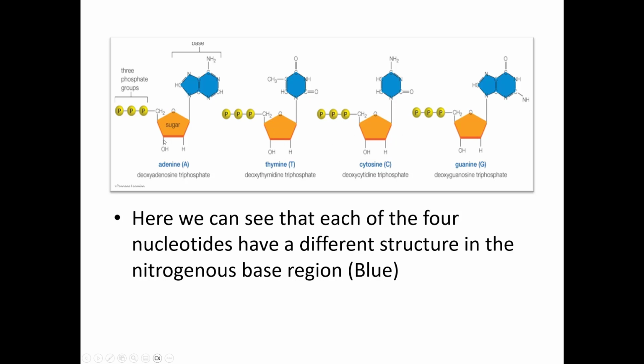There's no difference in that whatsoever. But the blue part, the nitrogen base, is different. They might be similar in some regard, but they all have unique, exact chemical configurations. So that is the part that makes each of the 4 different, and the sugar and the phosphate group is what makes them all consistent.